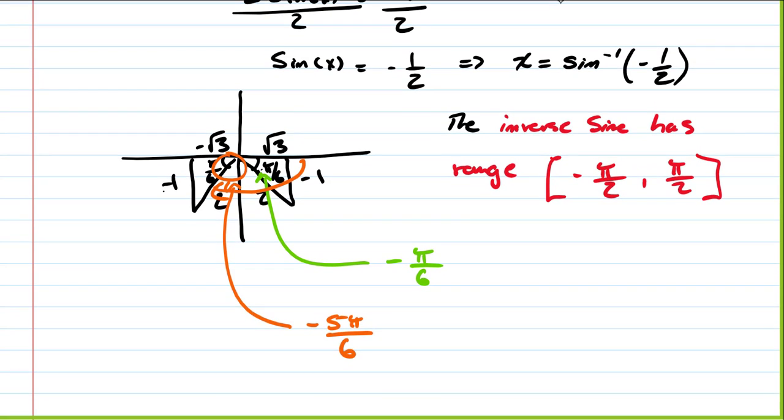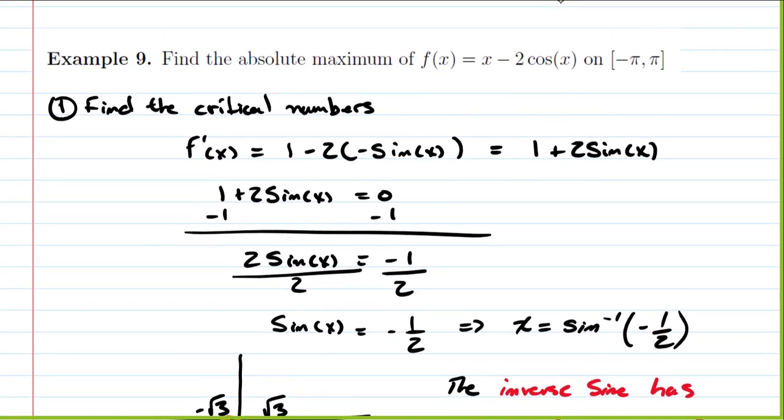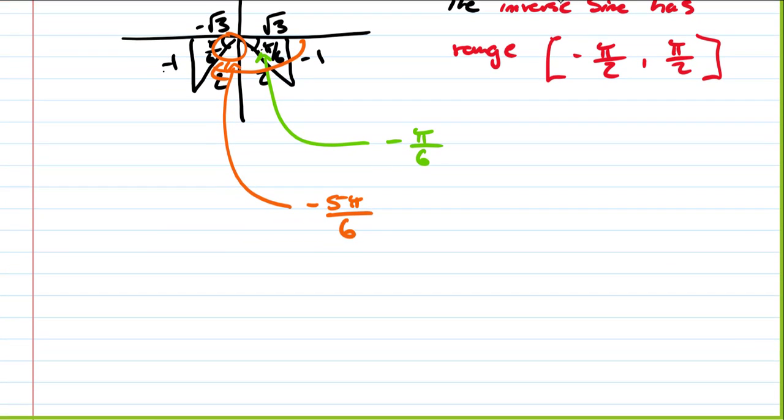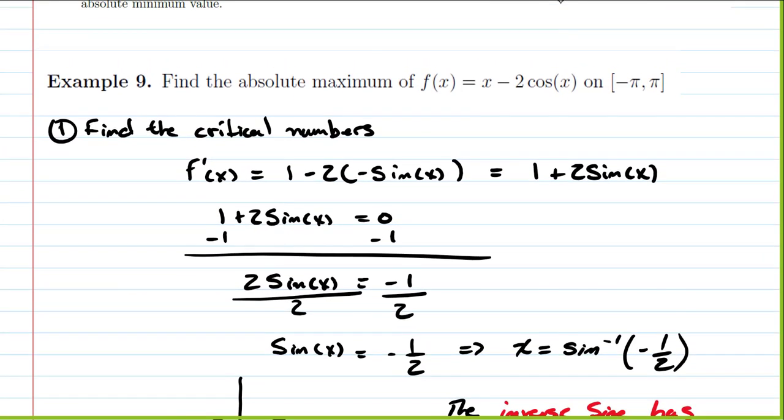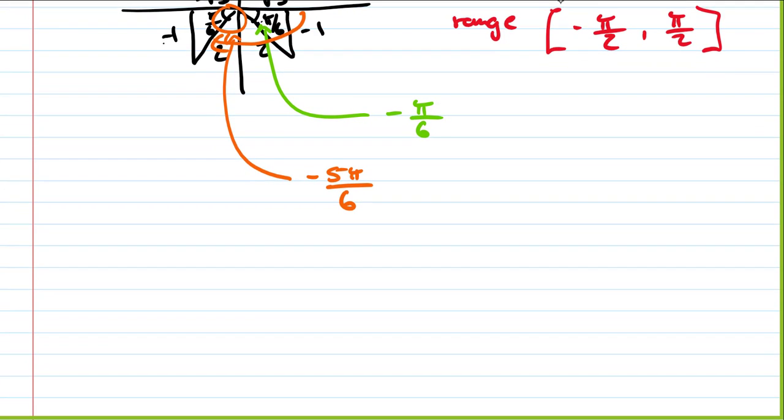There are going to be some other solutions that we need to check, because what is the period of the sine function? Well, it's 2 pi. So if we add 2 pi to either of these, it's going to push us out of this range. So these are going to be our two critical values.